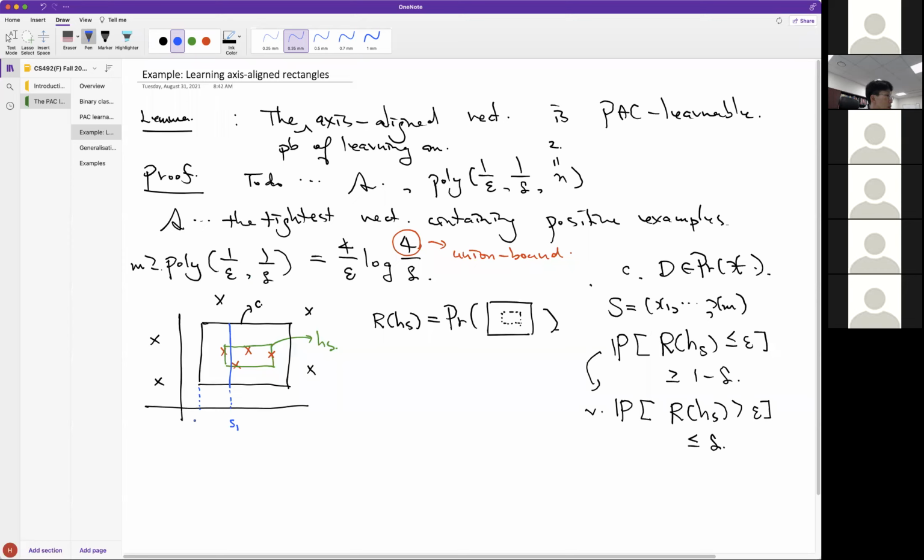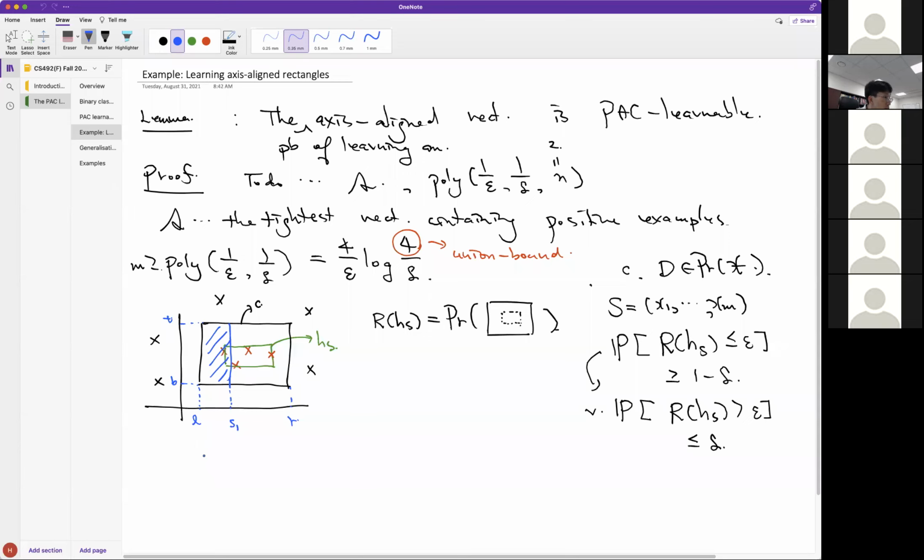This is left, right, bottom, up. We'll find S1 such that the probability of this part, if we include the boundary, is greater than or equal to epsilon over 4, and if we exclude the boundary, is smaller than or equal to epsilon over 4.